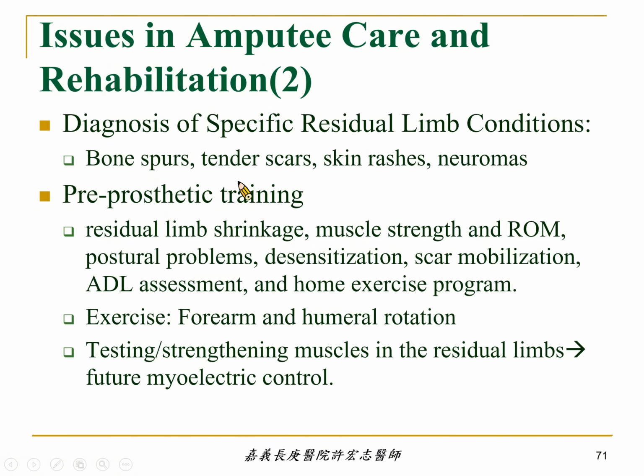Okay, while using the prosthesis, we should also pay attention to whether there is any bone spur in the amputation area, or any tender scars, skin rashes, or even defects.